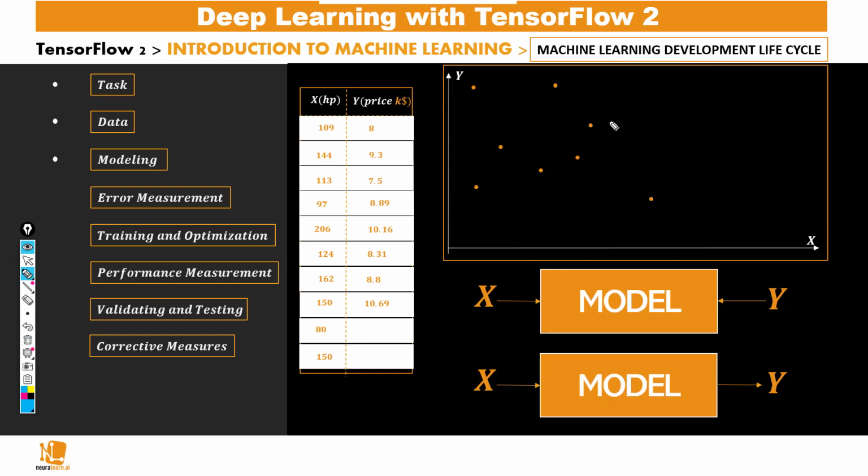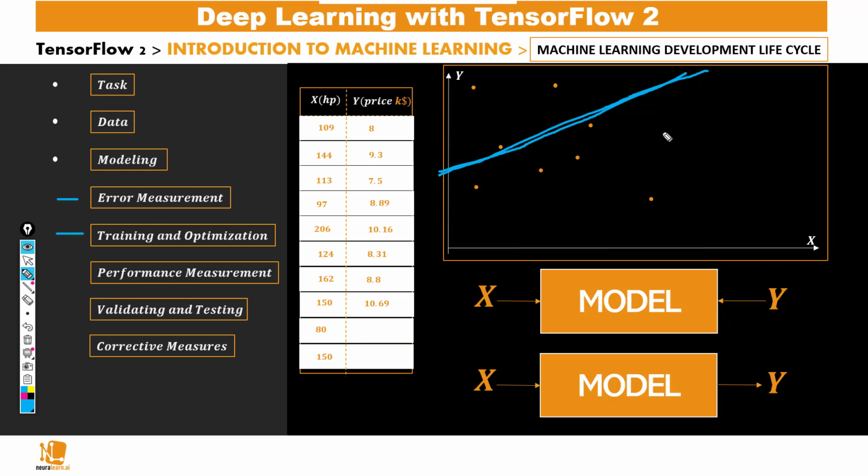And so a model looking like this will be a better one. For now, we'll just stick to the model creation, but we should note that this model has to be chosen such that it represents best our data set. So we're going to look at this in the error management and training and optimization sections.